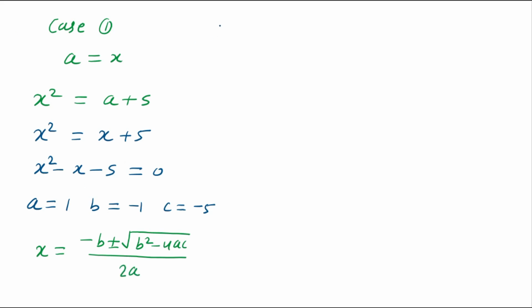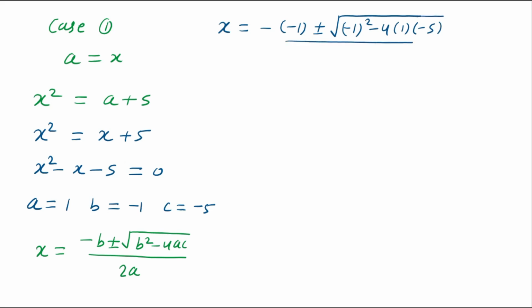Then x equals minus, and the value of b is minus 1, plus minus square root of b square, meaning minus 1 square, minus 4, and the value of a is 1 and the value of c is minus 5, and divide by 2 times a, and the value of a is 1.